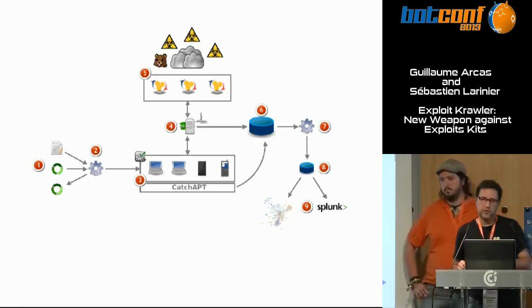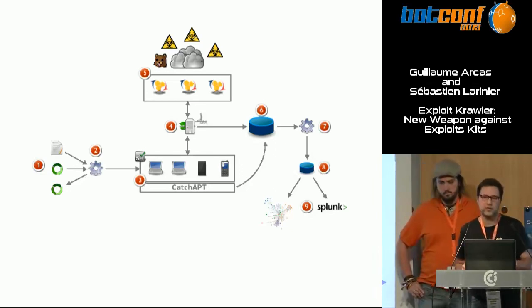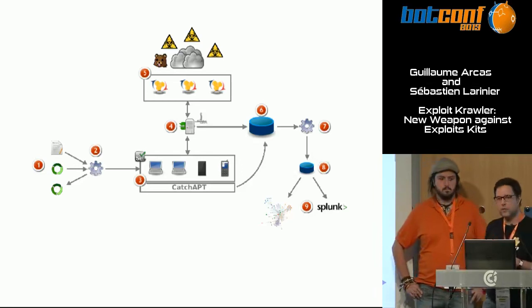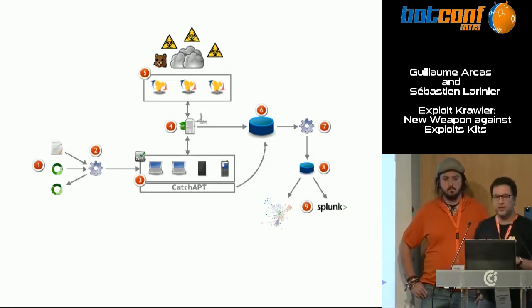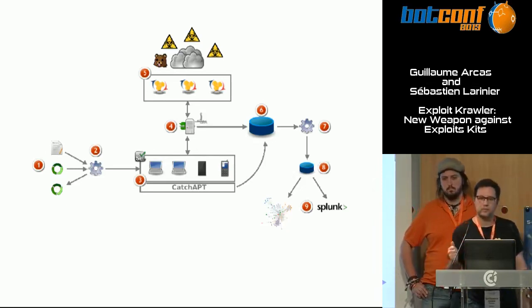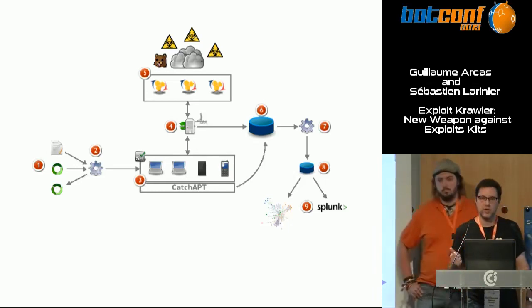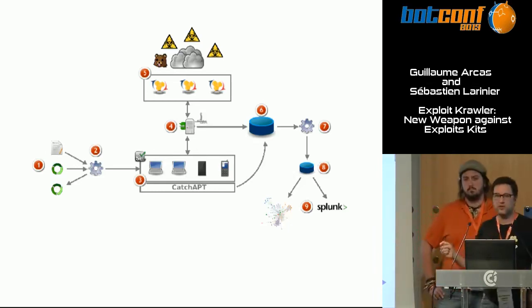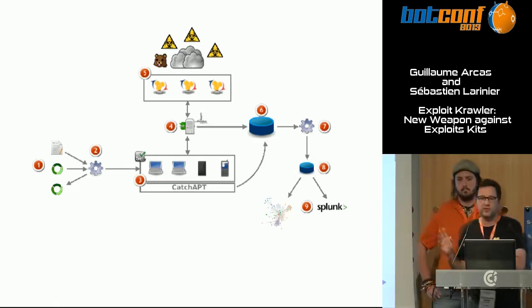And we also don't care about anti-VM techniques used by malware because all the VMs are just there to act as a trigger. Even if the VM is not infected, we don't really care.